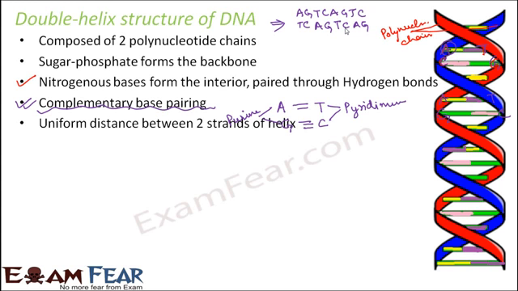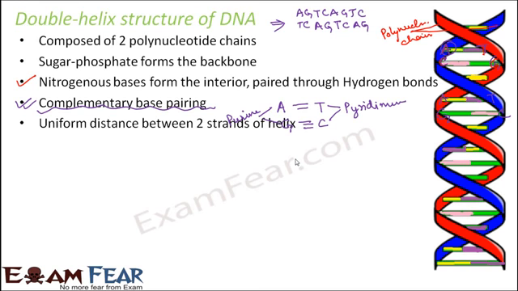Uniform distance is maintained between the two strands of the helix. From start to end, the entire chain is of uniform thickness. So the stairs are of the same width. Why is it so? If you see properly, every time there is one purine pairing up with a pyrimidine. Purines are all double-ringed structures and pyrimidines are all single-ringed structures.